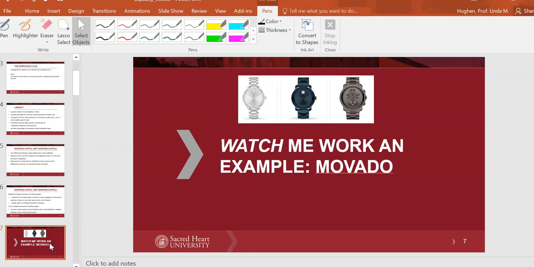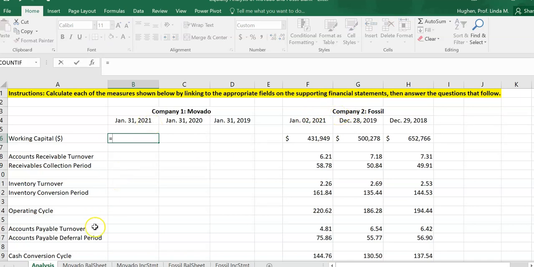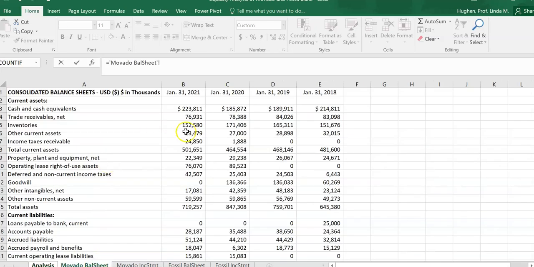As we go through these various measures of liquidity, let's work through together an example for the company Movado, the watch company. So here I have my analysis. I'm going to fill in these numbers as we go along, and I've already filled in the numbers for a competitor, Fossil. So working capital is simply going to be total current assets minus total current liabilities.